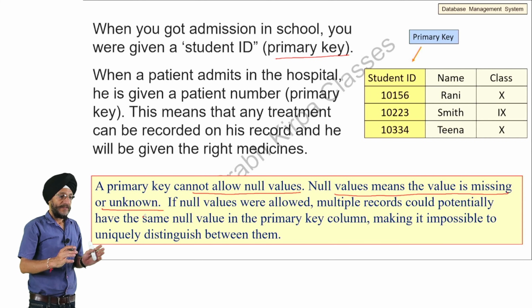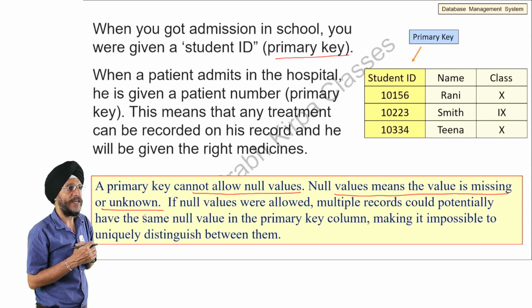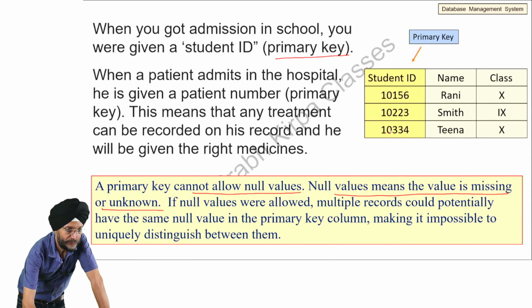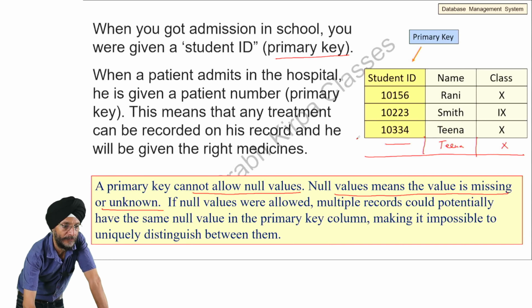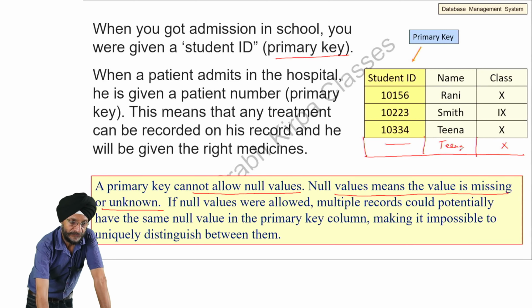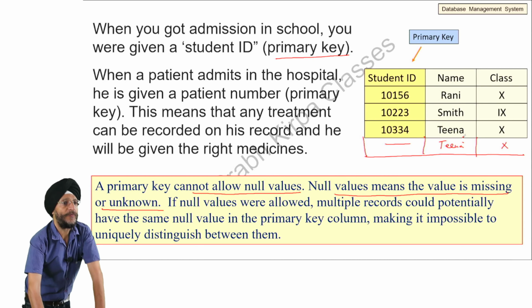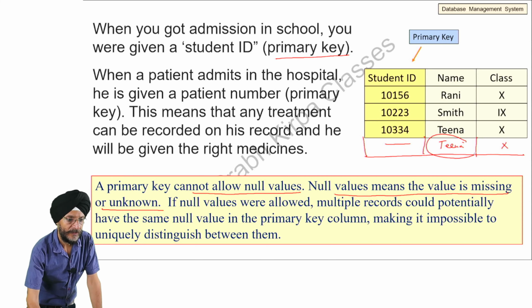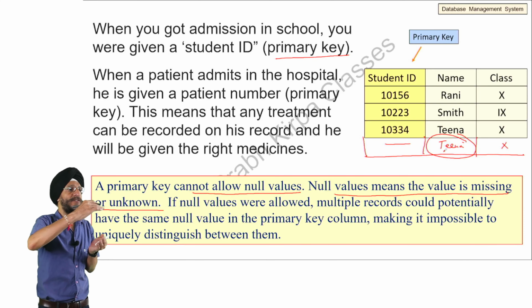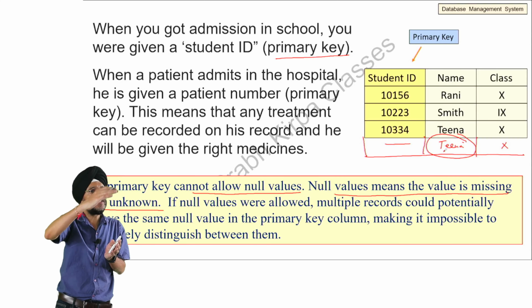If null values are allowed, that is, if we leave this student ID blank or we do not know it and we fill in further items, further things are entered, whether we will be able to fetch the record on the basis of this name Tina, because there may be many students with the same name studying in this school.